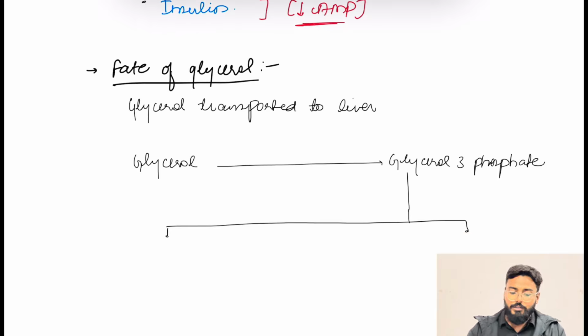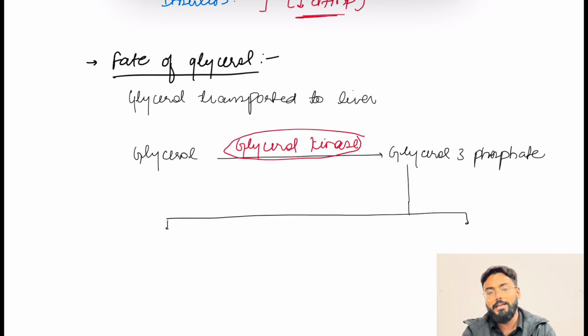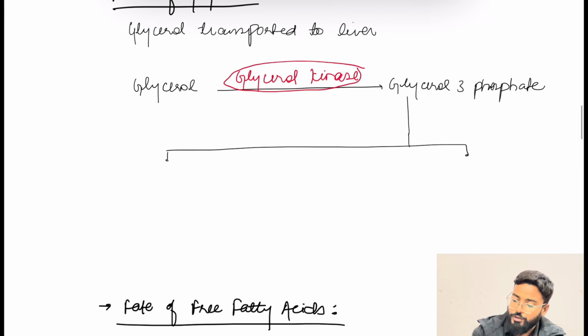So glycerol is going to be transported to the liver. Okay, and in the liver, the glycerol is acted upon by the enzyme known as glycerol kinase, which in turn is going to convert glycerol into glycerol 3-phosphate. Now what is going to happen with glycerol 3-phosphate?